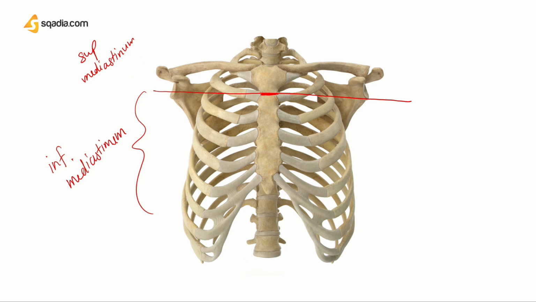Let's redraw this. And just for your information, the mediastinum is only in the center. The lateral parts are occupied by the lungs, whereas the central part of the thoracic cavity is called the mediastinum. This is the superior mediastinum, and this is the inferior. So what does the sternal angle mark? The division between the superior and inferior mediastinum.